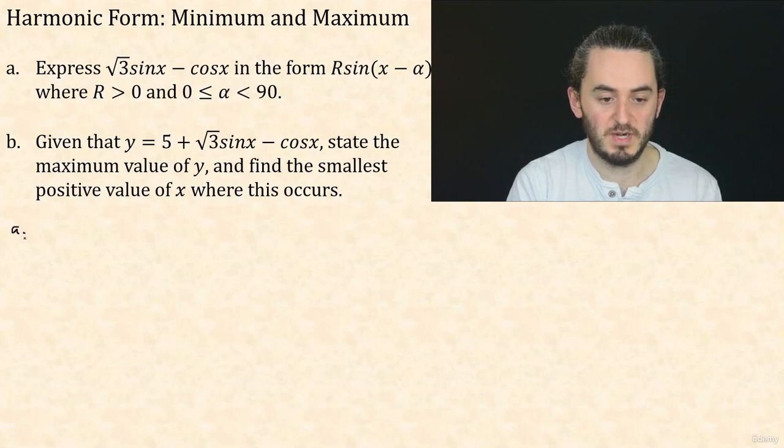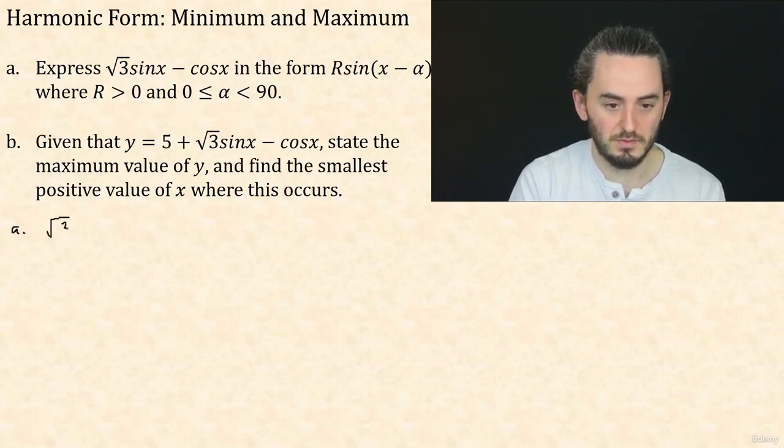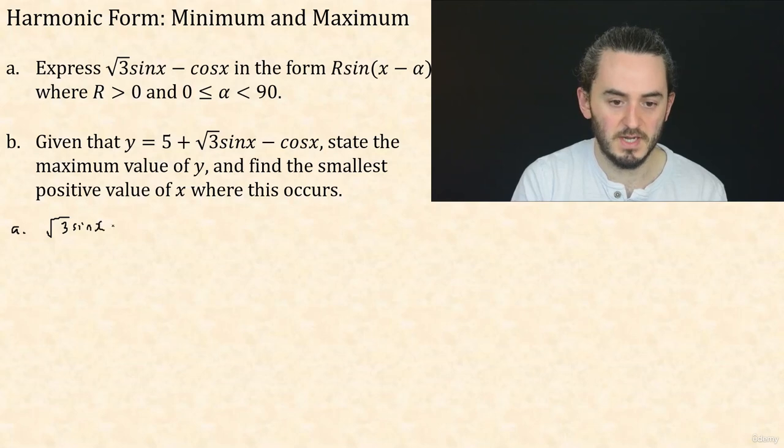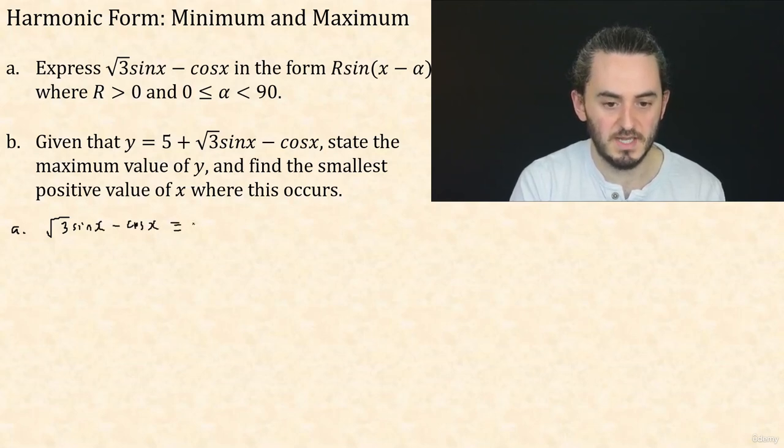Part A, we're just expressing in harmonic form. So let's do that. I want root 3 sine x minus cos x to be exactly the same as r sine (x minus alpha).